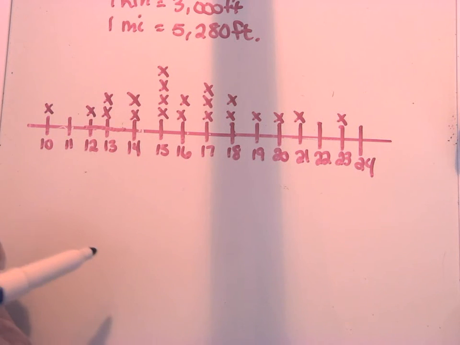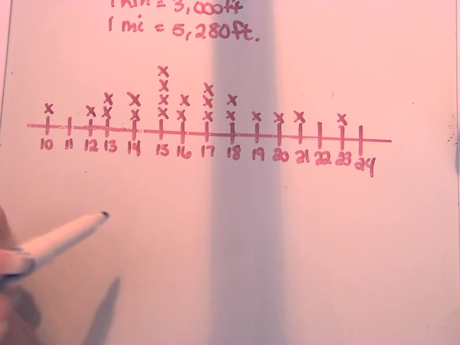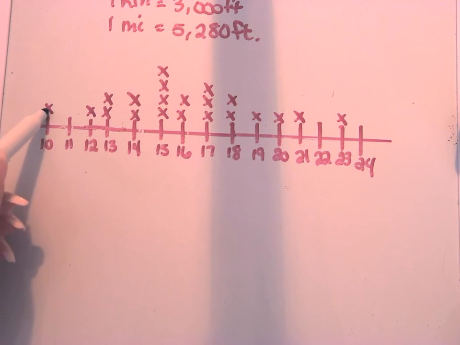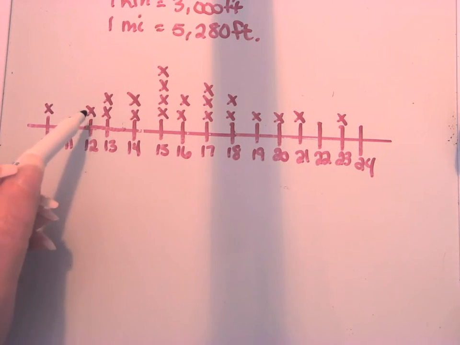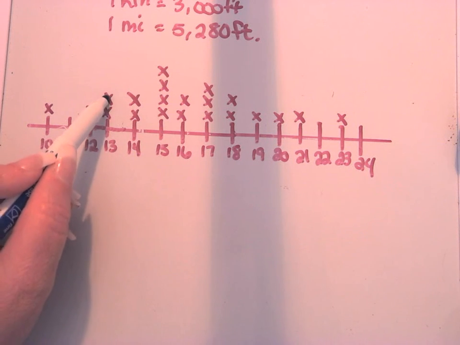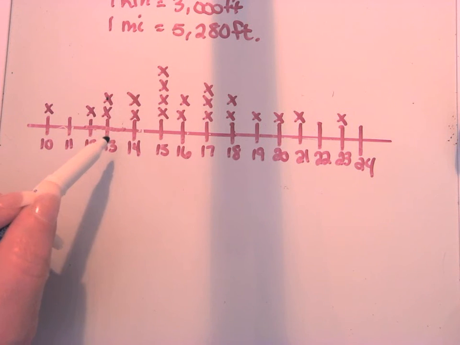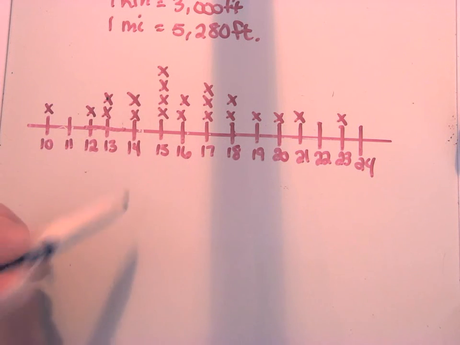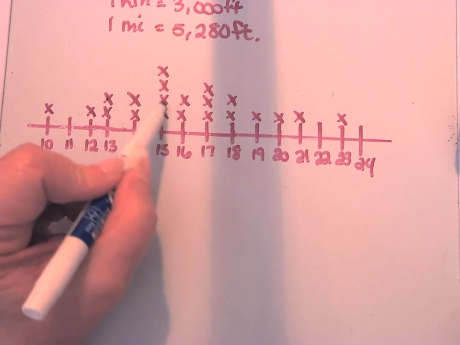So for this particular thing, the X indicates the vertical jump in inches. So this student jumped 10 inches. We had 1 student that jumped 12 inches. We have 2 students that jumped 13 inches. Every time you have a new student's data, you add a new X to the board.